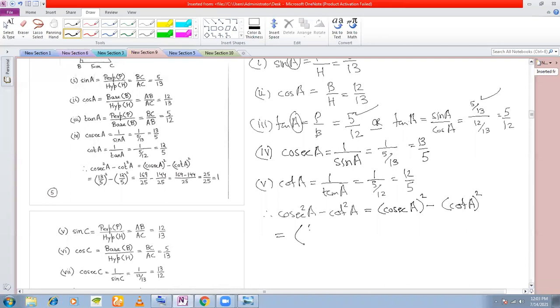Cosec A we have found above as 13 by 5 and cot A as 12 by 5. So this is 169 by 25 minus 144 by 25. Take the LCM, you'll get 25 by 25, which is equal to 1. 169 minus 144 is 25.